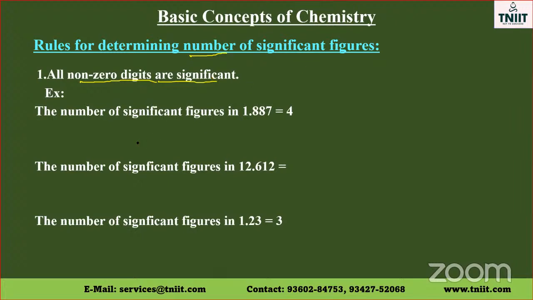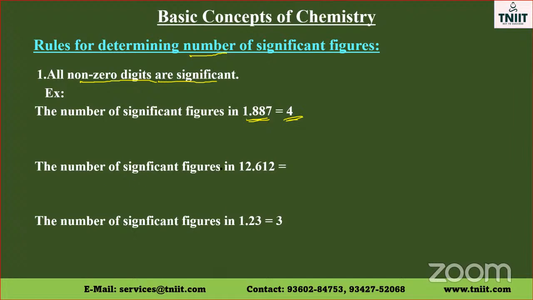Now, for an example, in this number 1.887, there is no zero here. All these are non-zero numbers. So all these non-zero numbers, whether the number is before the decimal or after the decimal, all are significant, all are contributing, all have importance. So therefore, the number of significant figures in 1.887 is 4.